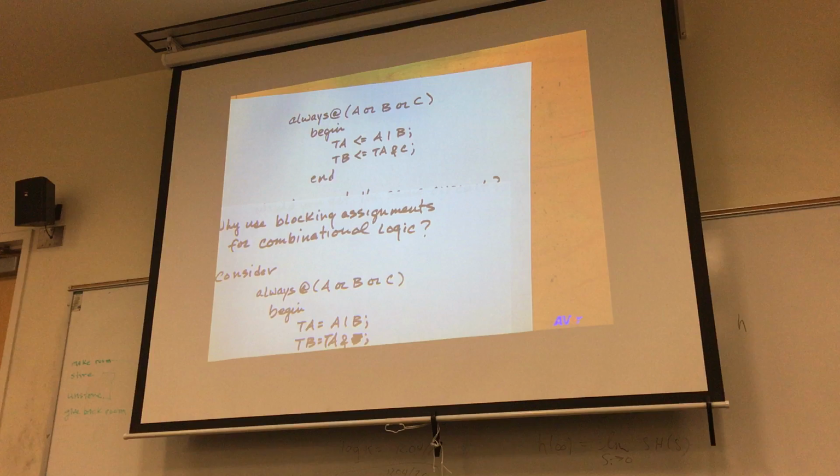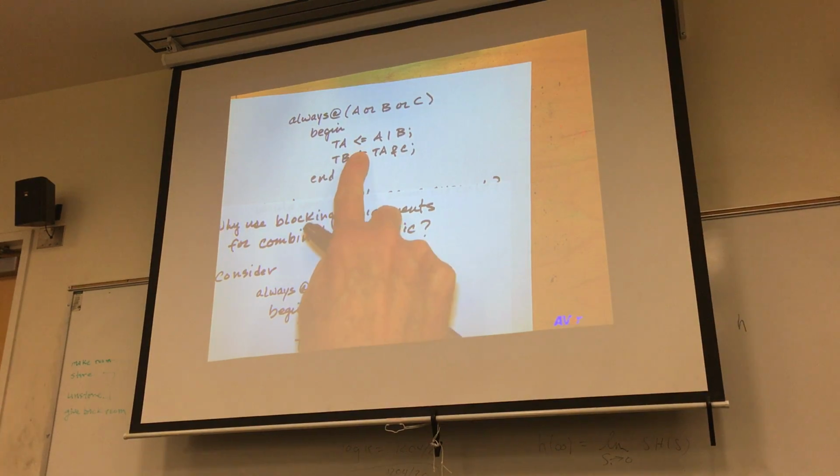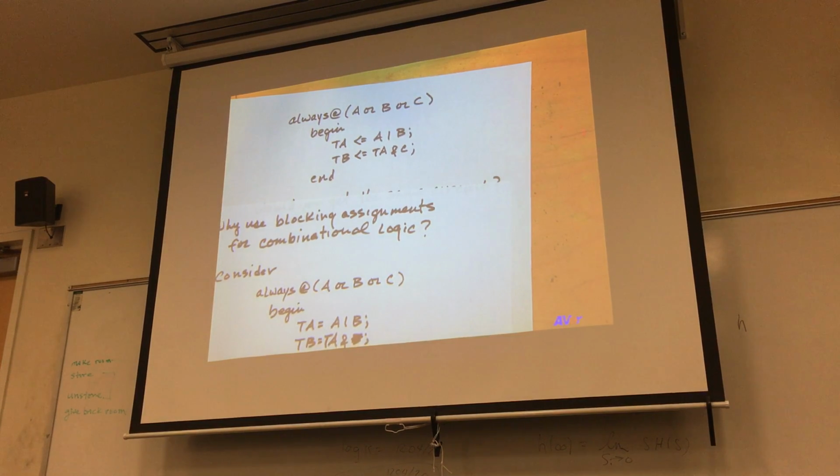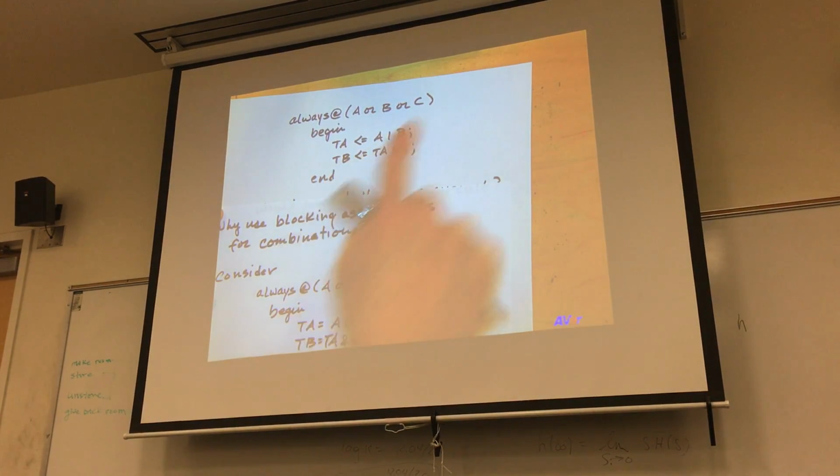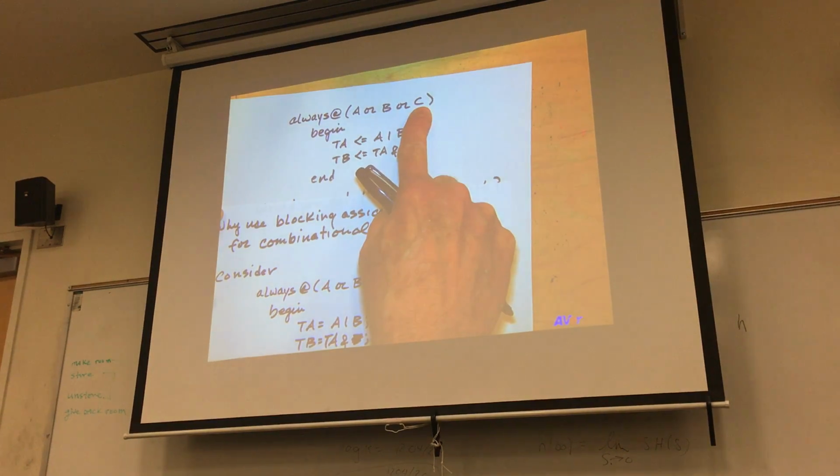Couldn't you just change the arrow to equal just on the TB? No. Other than changing the non-blocking to blocking. Different block. What you could do is put TA and TB also in this event list.